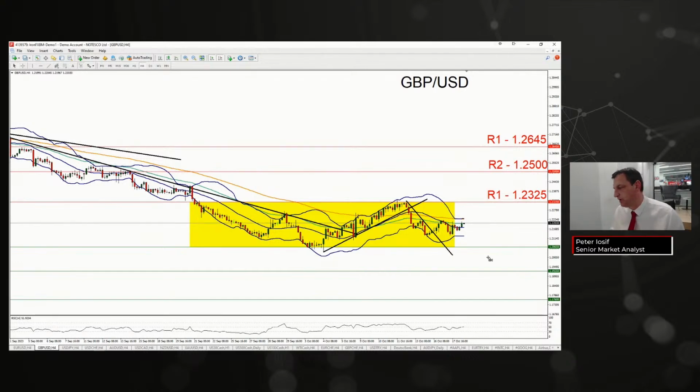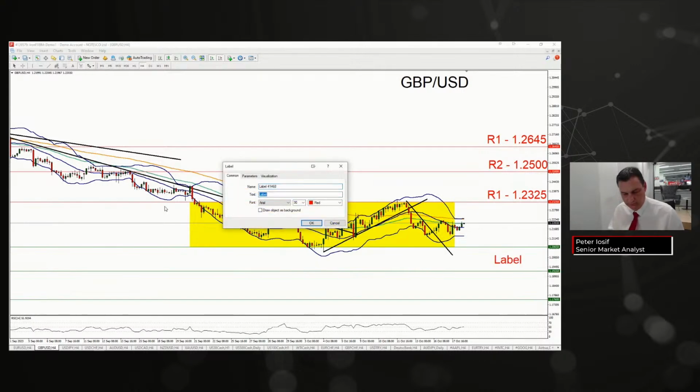Moving now to the support lines, starting with the S1 at 1.2065. Green.